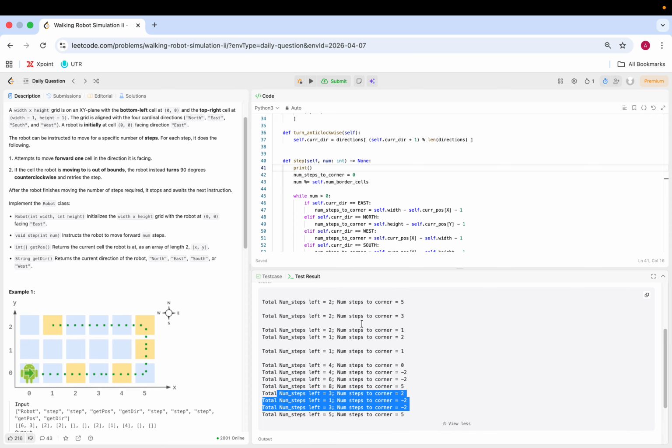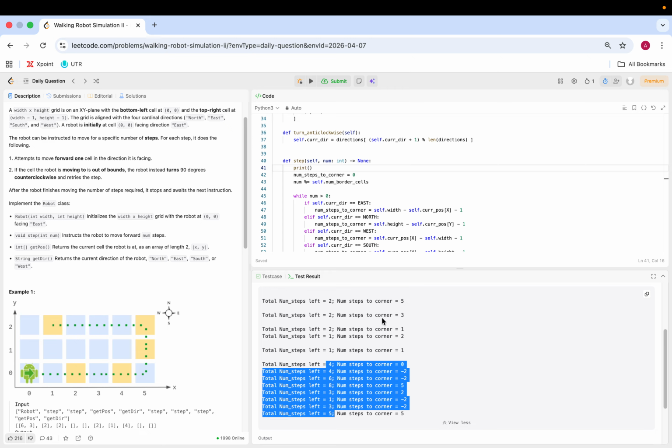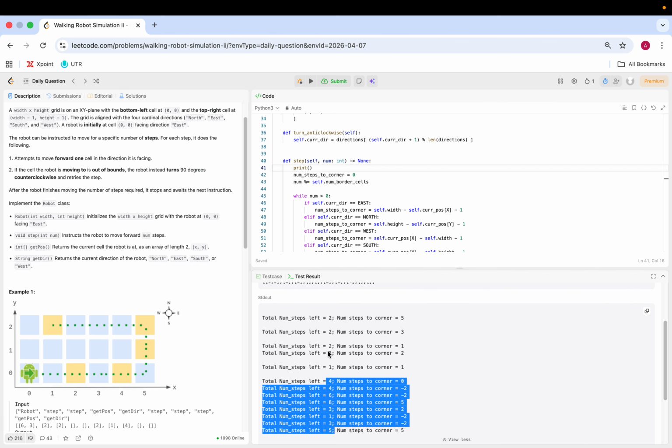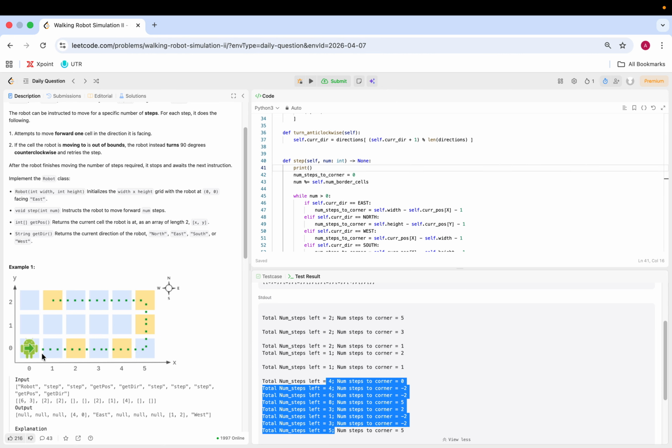That's not good. It's increasing. So num steps left is 2. Num steps to the corner is 3. So you get to there. Num steps is 2. Num steps to the corner is 1.